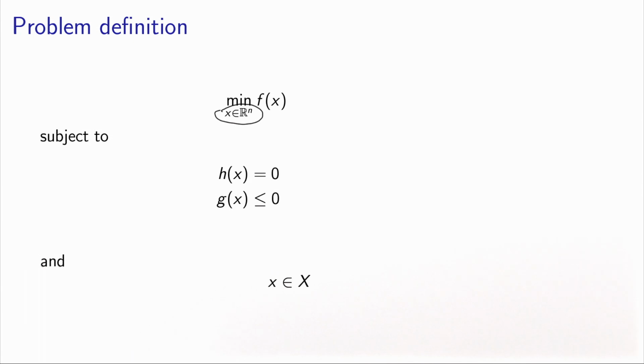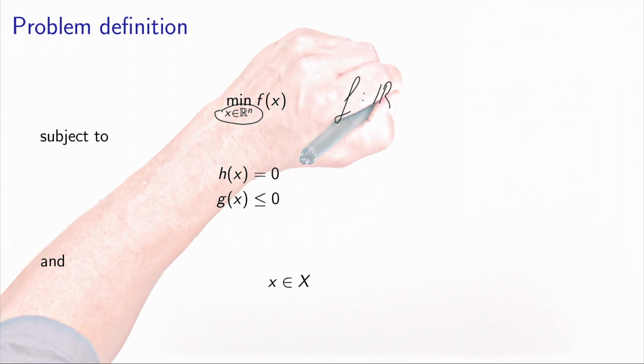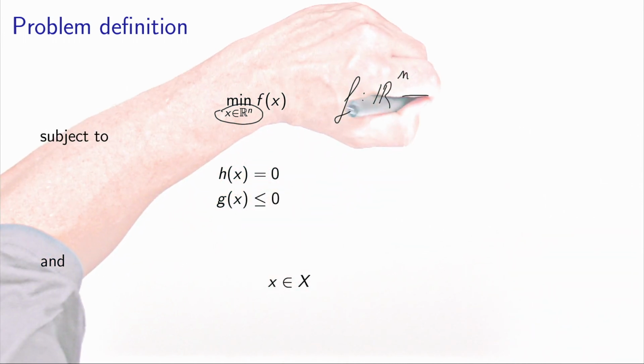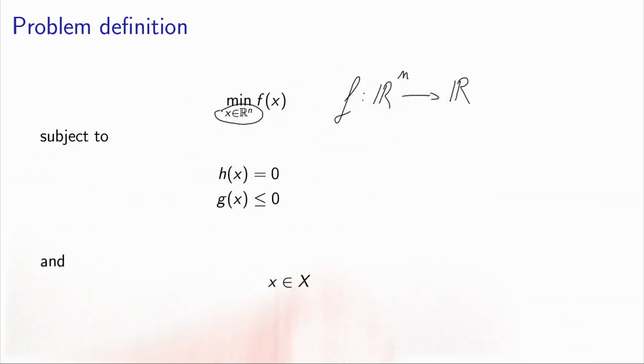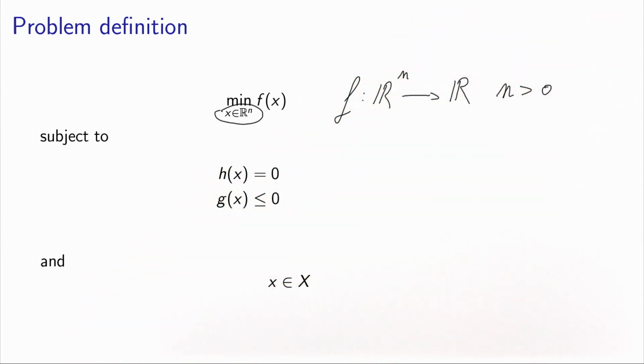The objective function f is a function that maps Rn, so the set of decision variables, into R, which is basically the value of an indicator that we want to make as small as possible. We are dealing with a minimization problem. For the problem to make sense, we need at least one decision variable.